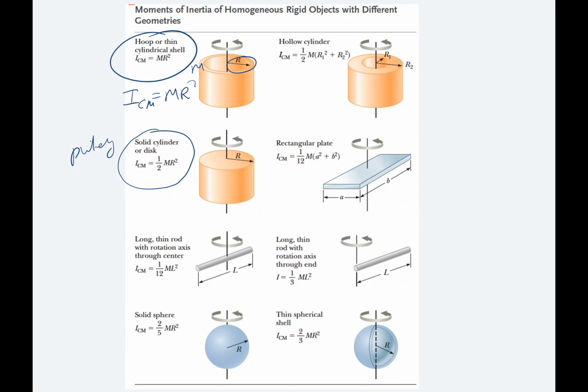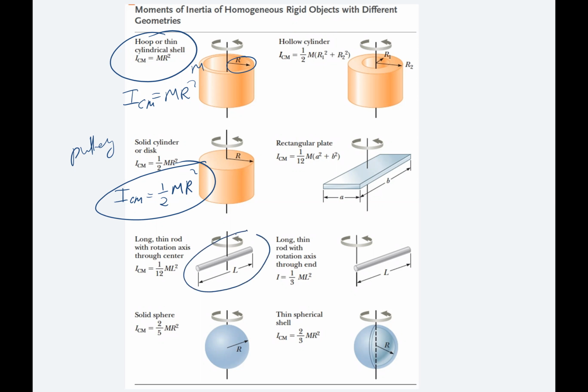So the pulleys can always be assumed to be a solid disk, and if it's rotating with respect to the center of mass, then the moment of inertia of the pulley or the disk is always going to be 1/2 times the mass of the pulley times its radius square. That means you can still take that moment of inertia and present it in terms of mass and radius. Then you can have a rod.